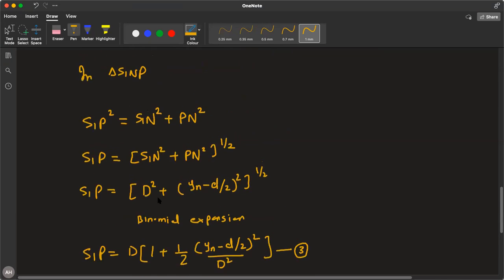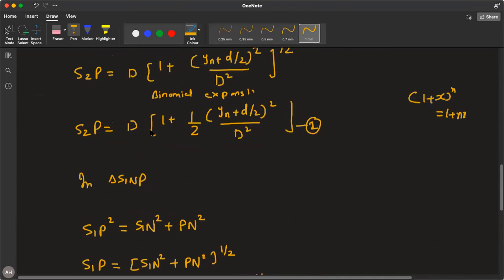See, when you do the substitution, 2 and 3 in 1, here put the value of S2P.